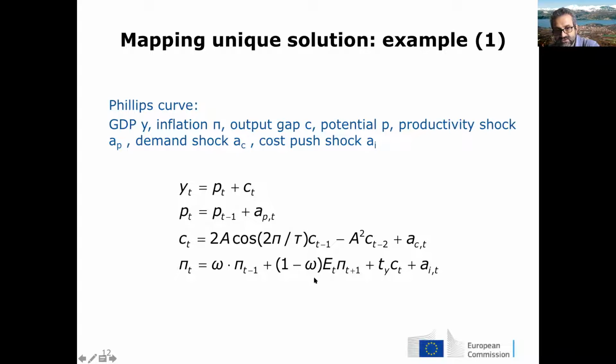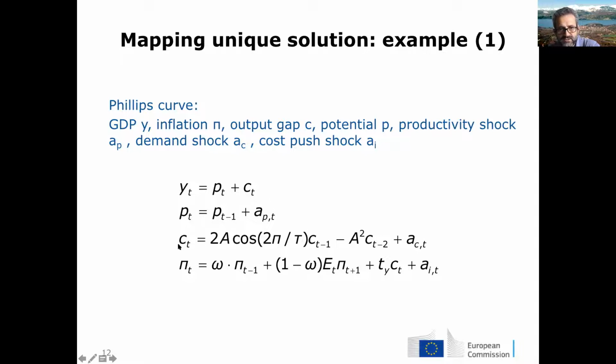Then the expected inflation only weighs 1 minus omega, and there is an indexation that weighs omega, and then there is a Phillips curve slope that multiplies the output gap, and then there is a cost push shock.